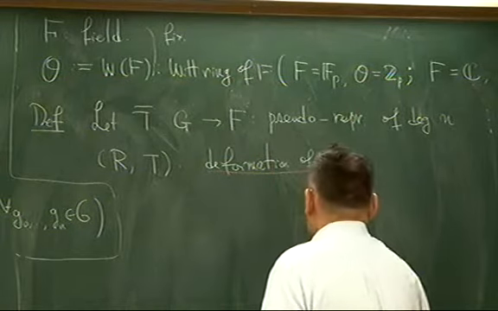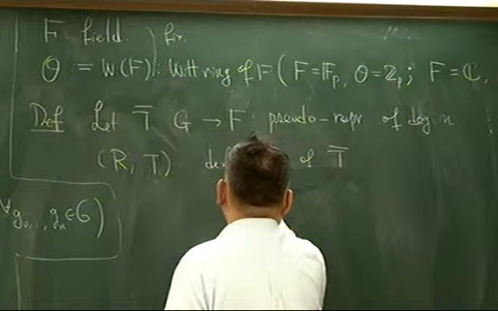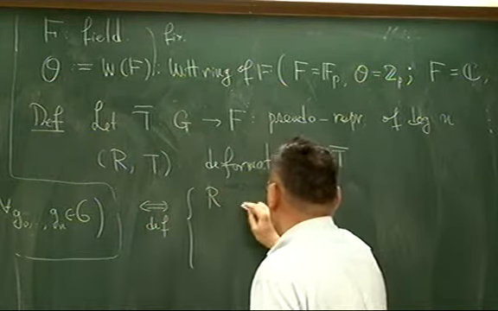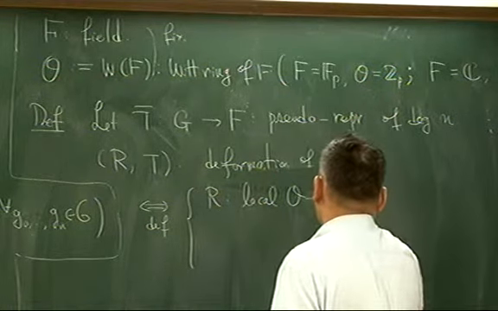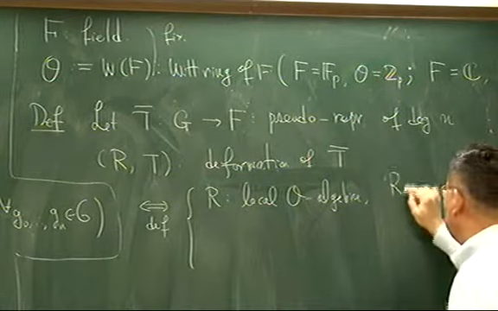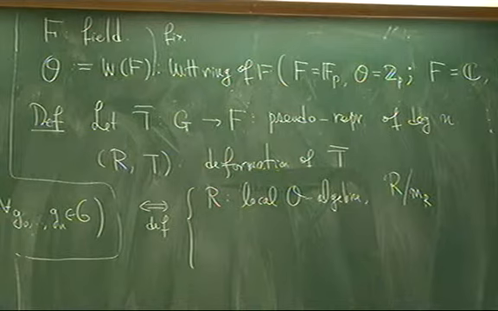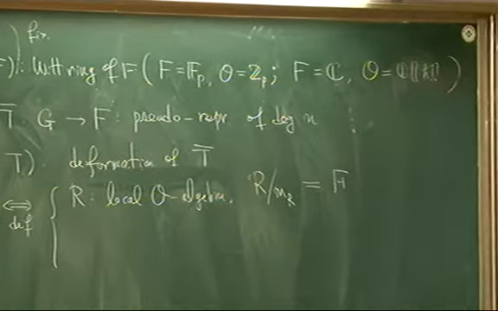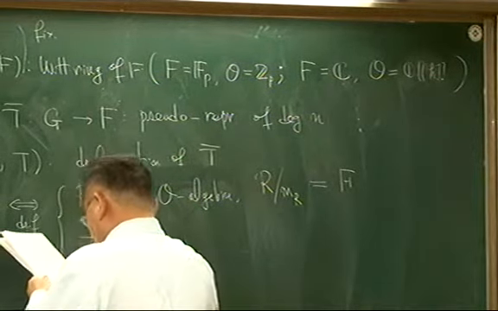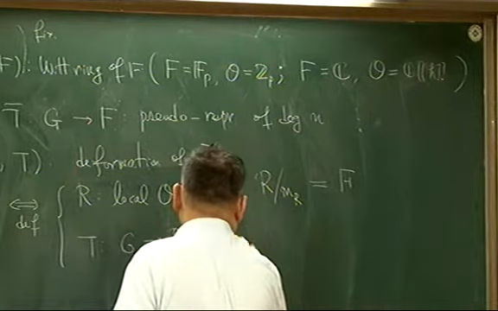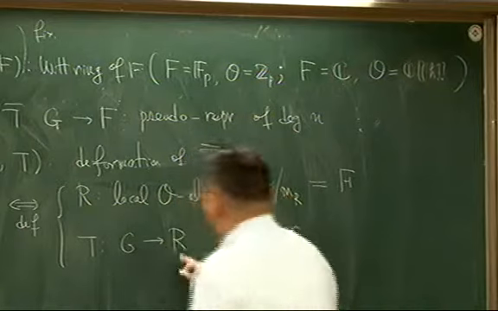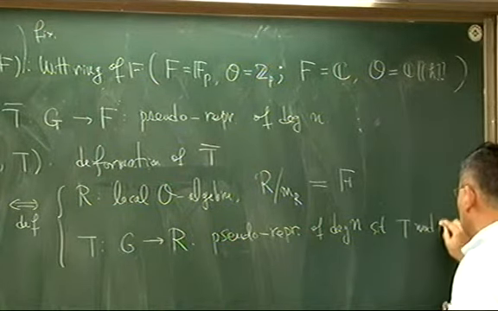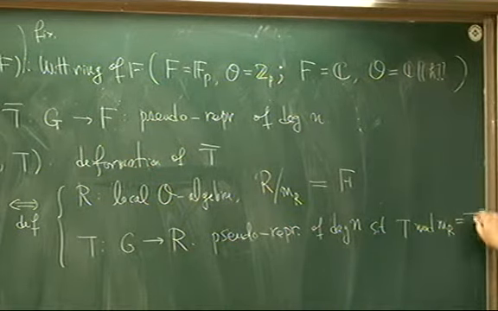Deformation of T bar: if R is a local O algebra with residue field, MR denotes the maximal ideal of the local ring. So the residue field is a given field F. And T is a pseudo representation over R of degree n such that T mod the maximal ideal of R is given by T bar.